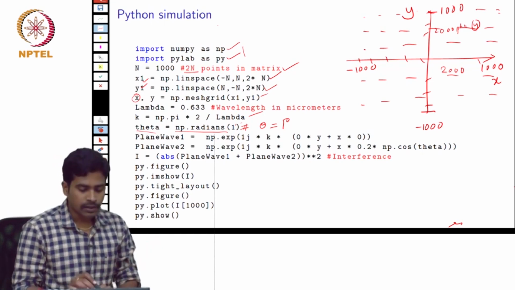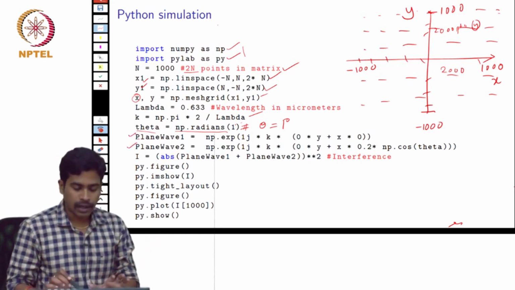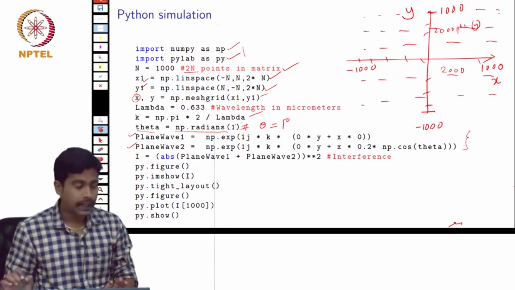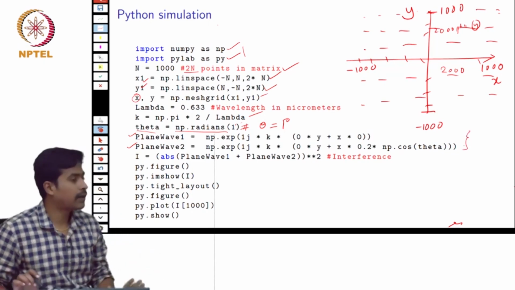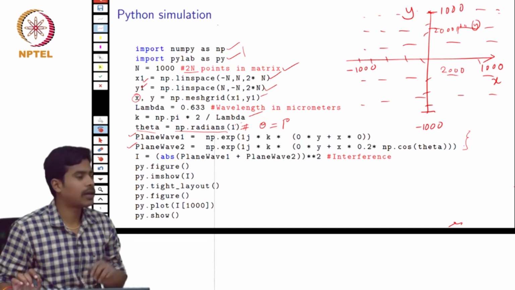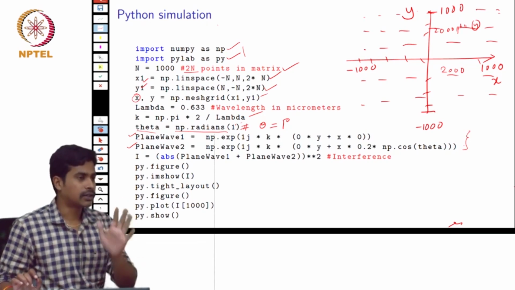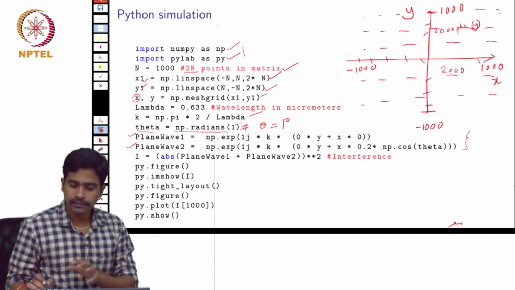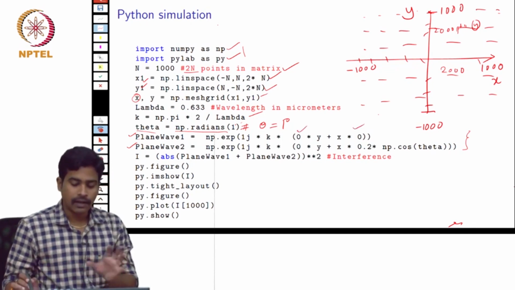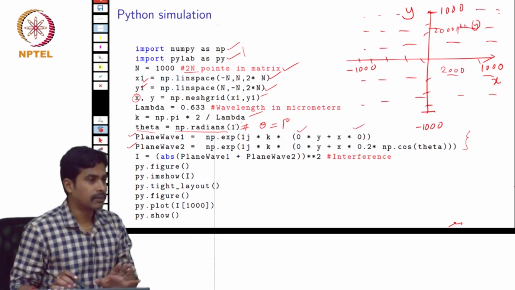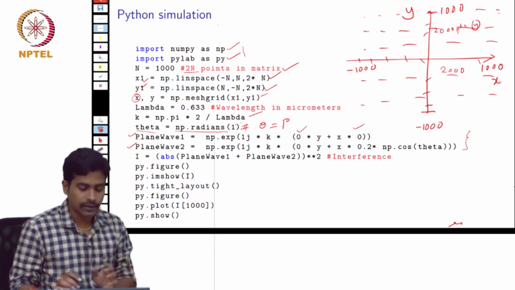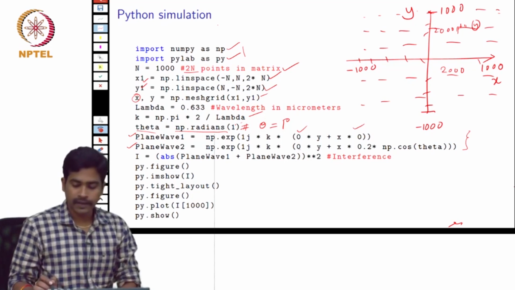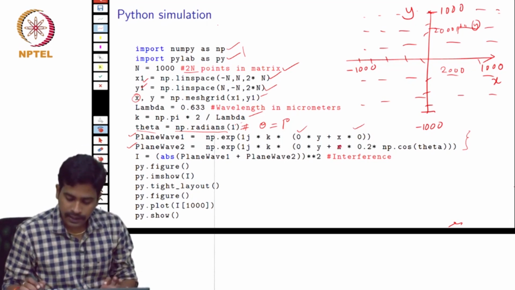So, plane wave 1 and plane wave 2 are calculated here. As I have said before, the first plane wave is going to have a constant phase on the screen, so here 1j into k into, we are not giving any value, just a constant phase. For the second plane wave, I am sorry, there is a mistake here.